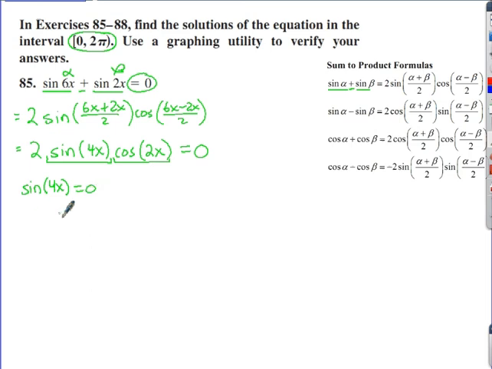Okay, so that means we're looking at our unit circle, and basically the sine value is the y-coordinate. So where's that? It's happening here and here. These are the 2 points where the y-coordinate equals 0. So what we have is 4x equals 0 and pi.